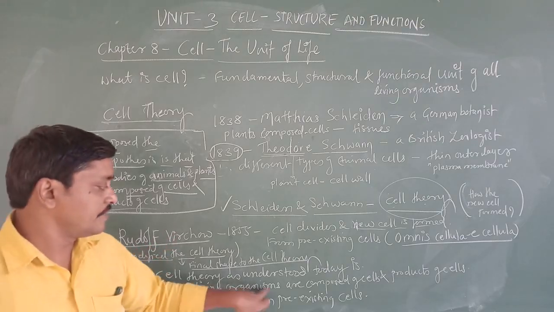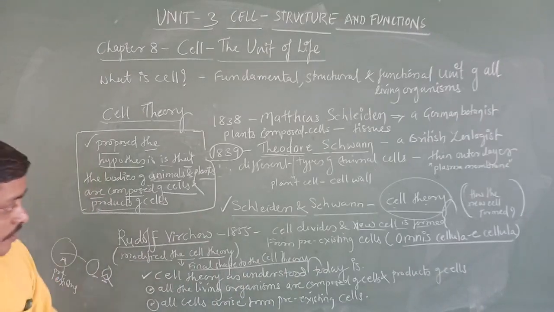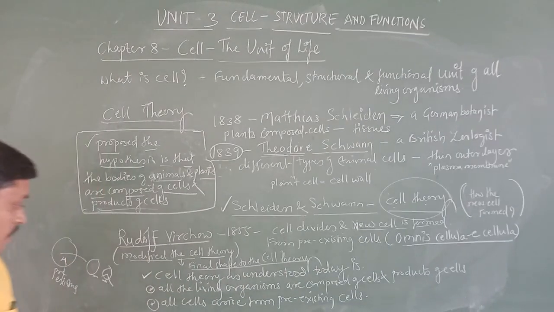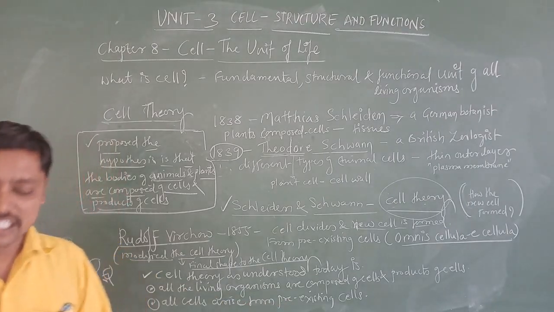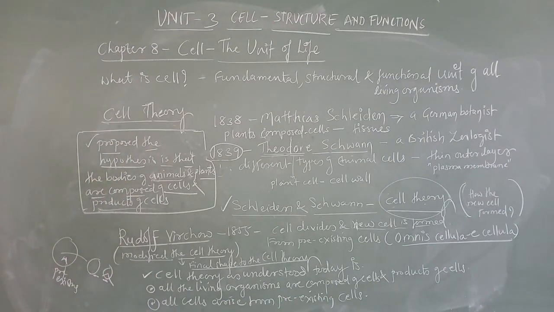All the living organisms are composed of cells and products of cells. And the second one is all cells arise from pre-existing cells. In the sense, all the cells are formed from pre-existing cells.